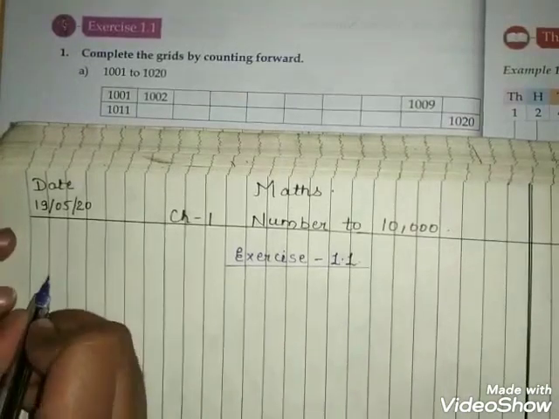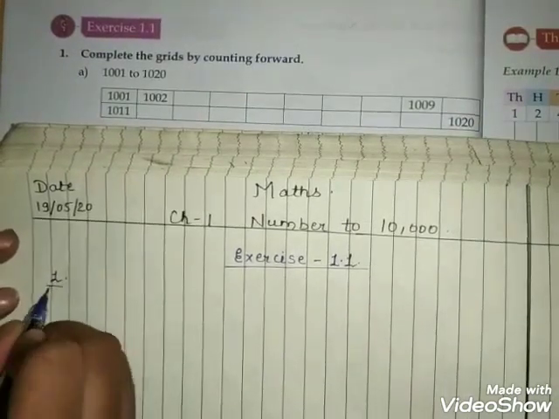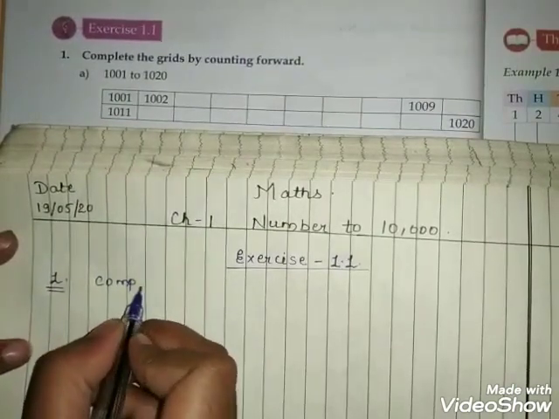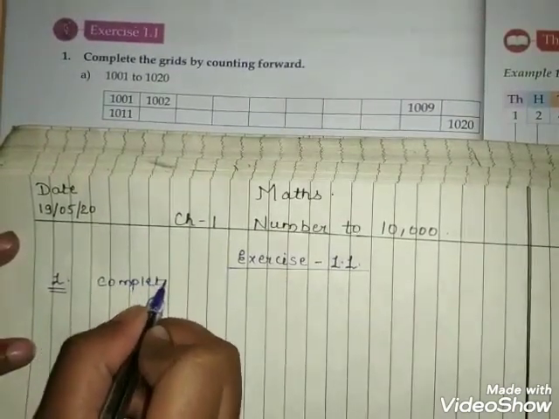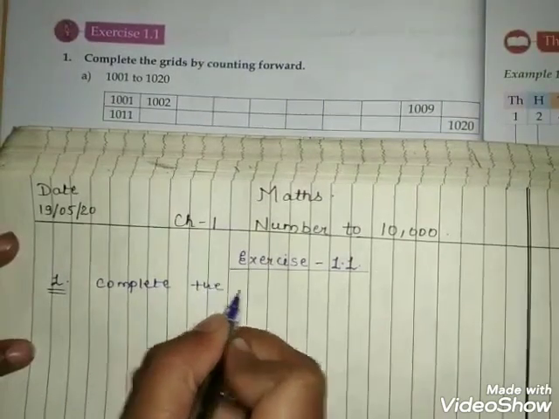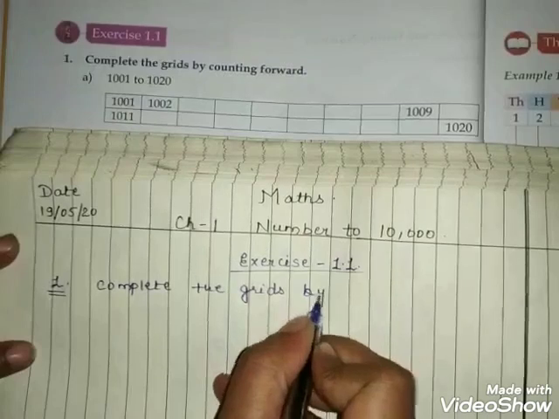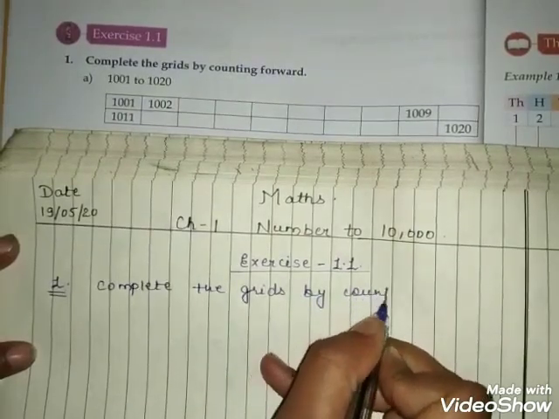Then you have to write the heading of question number 1, which is complete the grid by counting forward. So write the heading, complete the grid by counting forward.